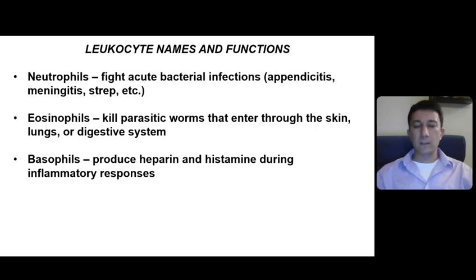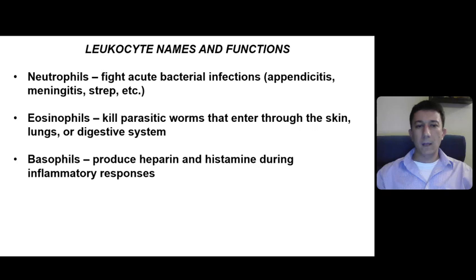Eosinophils are next, and eosinophils specifically kill parasitic worms that enter through the skin, the lungs, or the digestive system. But also we see that eosinophils are responsible for producing inflammation reactions in the lungs due to inhaled irritants. So those are one of the types of leukocytes that can stimulate asthma attacks because of their inflammation reactions.